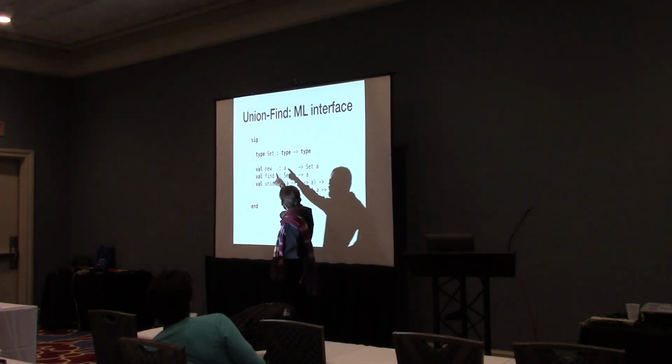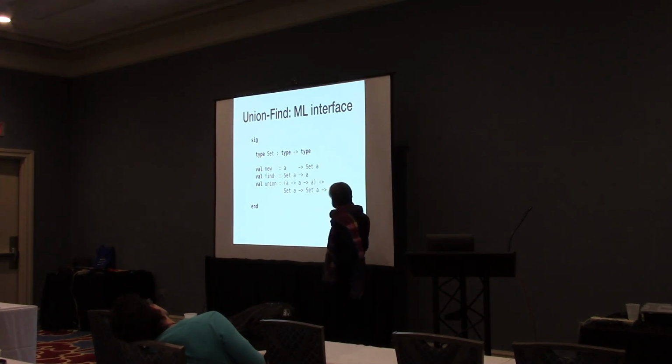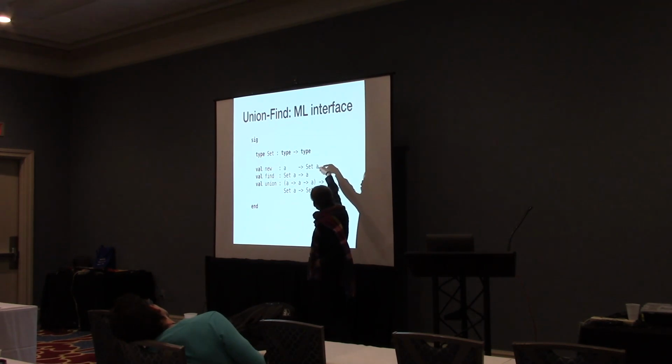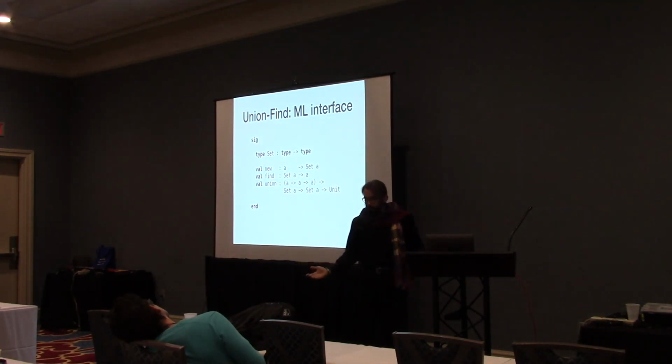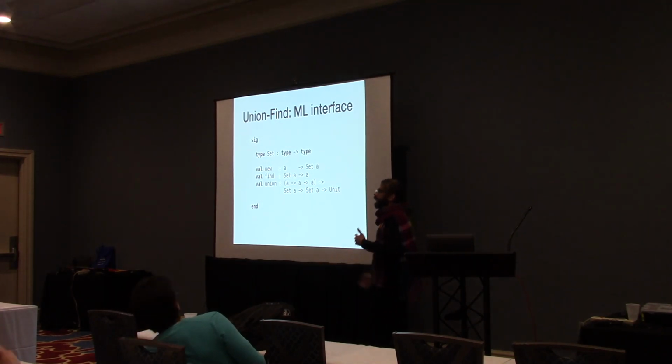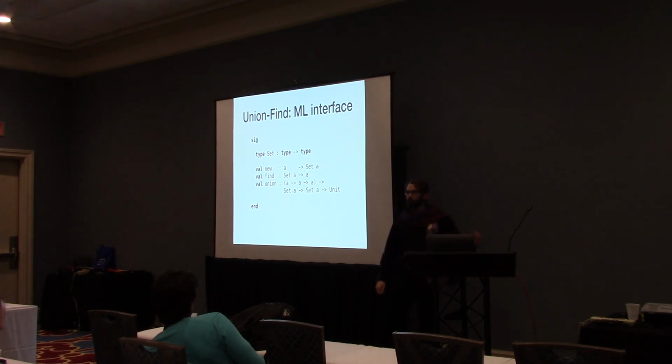So we have a type constructor of disjoint sets, and the idea is that this type carries with it a representative. So it's not the union-find of algorithms textbooks that's encoded on an array, and the indexing into the array tells you whether it's a root or not.